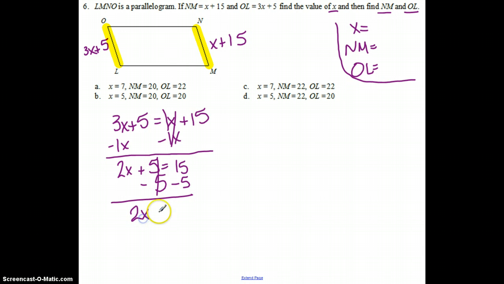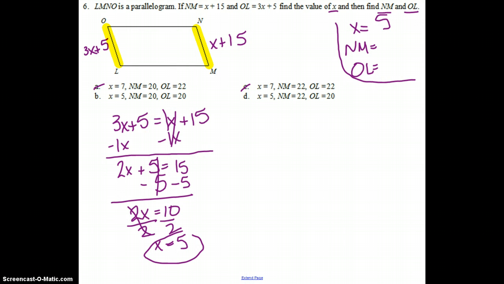So I get 2x equals 10. So I get x equals 5. Now just based on the fact that x equals 5, you know that A and C can't even be an answer. So we're down to the fact that it's either D or B.